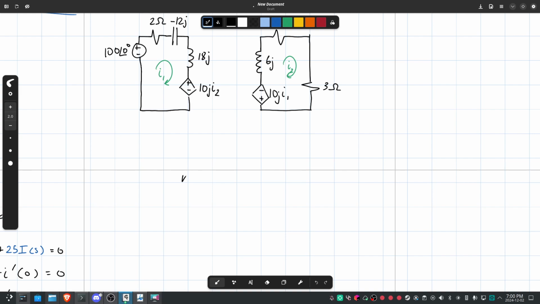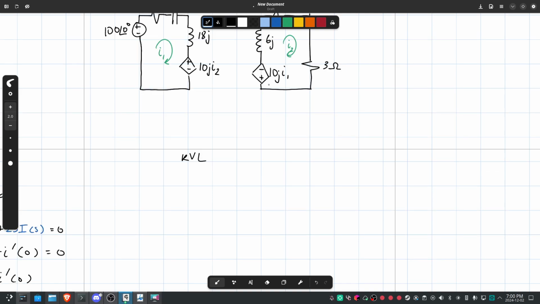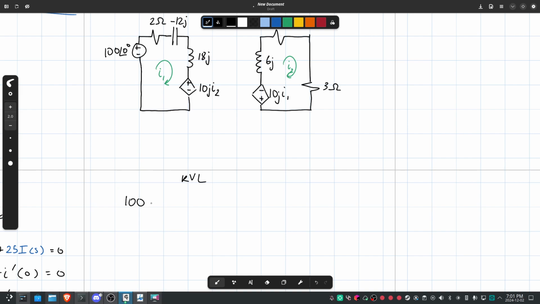It's going to be 100 volts on top here, minus 2 times the current I1, plus 12J I1 because of the capacitor, minus 18J I1, minus, because it's coming out the negative end of the voltage source, 10J I2. And it's treated as a voltage source, so you just copy the value there. Is equal to 0.